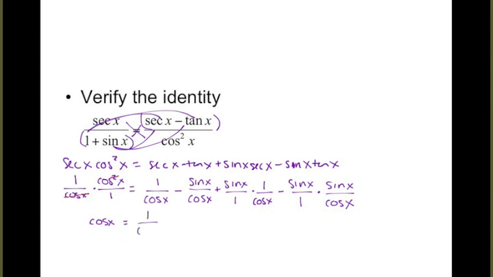Then we've got a single fraction by itself that just has to stay. Another single fraction by itself, that has to stay. Then we have a multiplication. But on the top is a sine, and on the bottom is a cosine, and those don't cancel each other. So we're going to just multiply those fractions together. When we multiply, we just put together the tops, put together the bottoms.